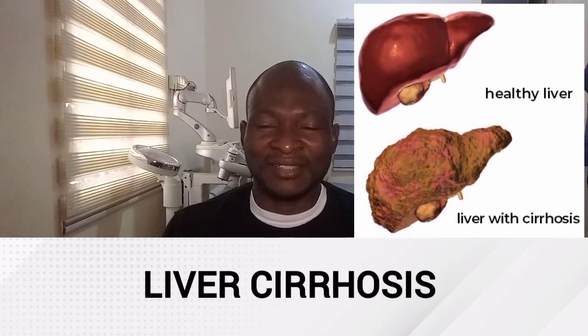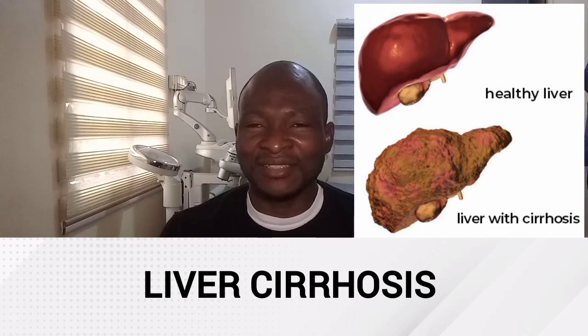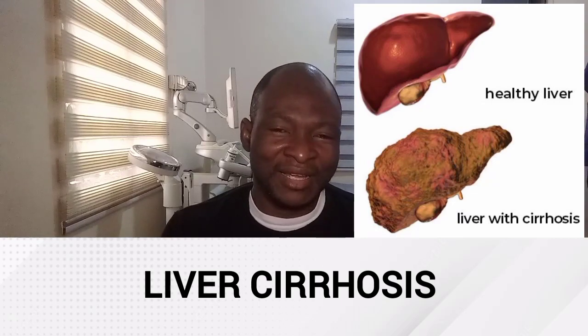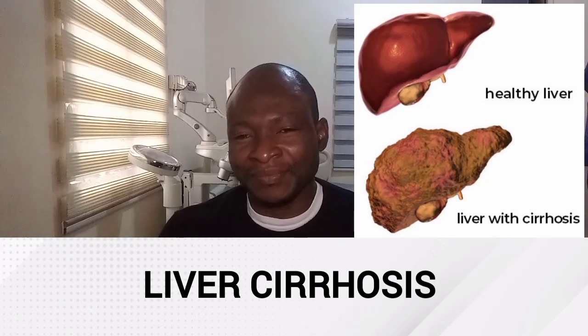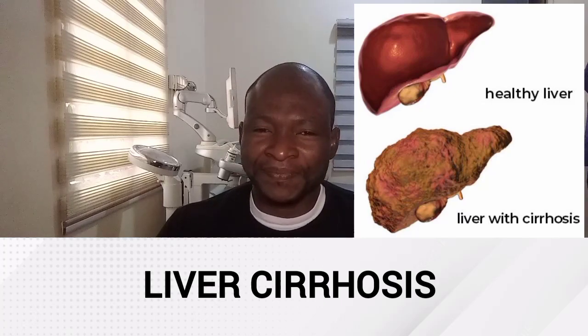Welcome back. Today we'll look at diffuse parenchymal disease and other forms of pathology, beginning with cirrhosis of the liver. Cirrhosis is a diffuse chronic liver disease that is characterized by loss of normal function and structure.